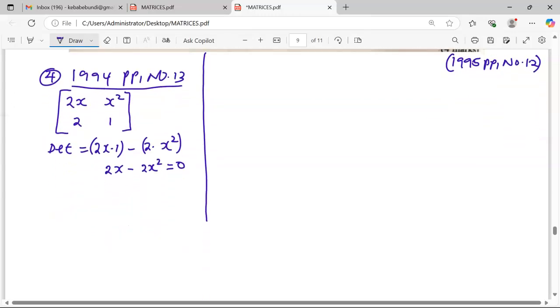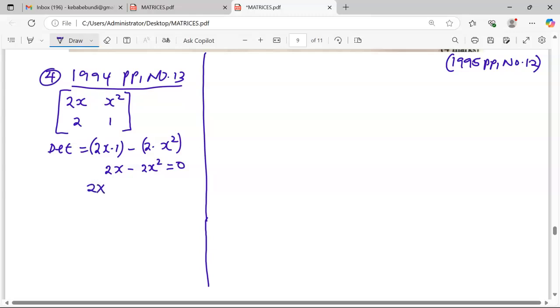Once we have done that, we can proceed and factor the common factors in our expression or equation.